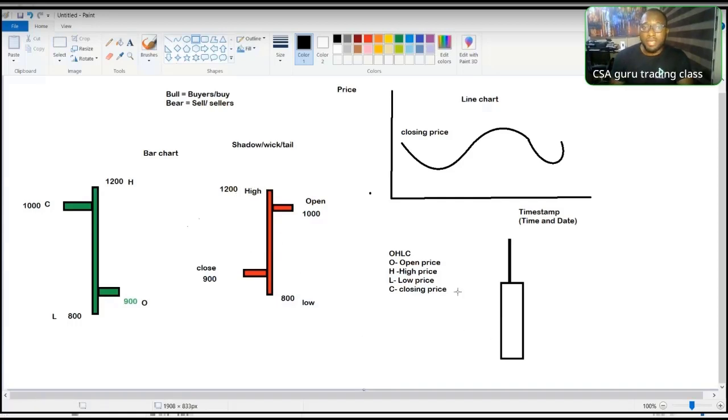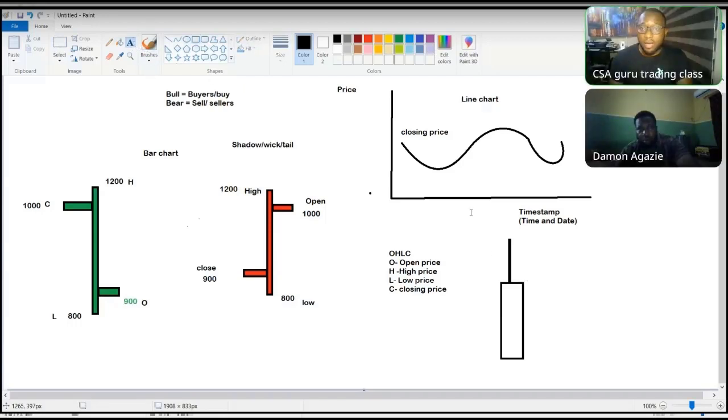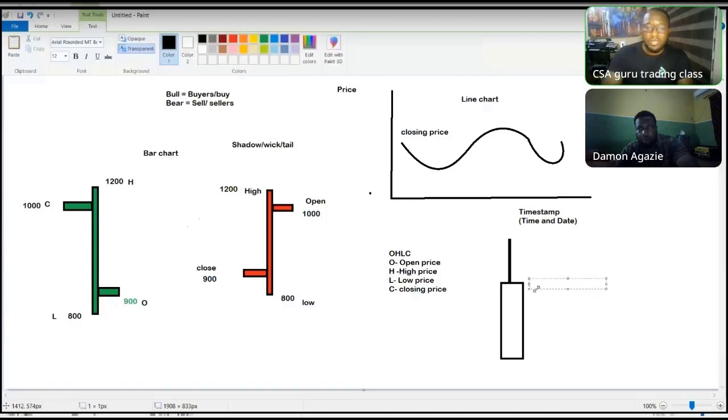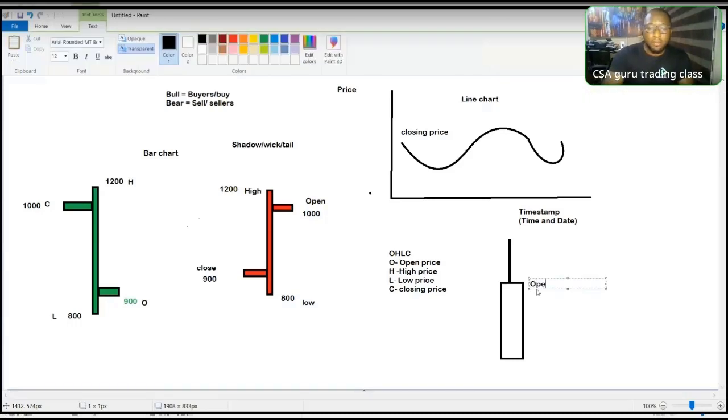So what happened here is this line shows our opening price. The price opens here at, let's say, 1,000, and the price closed here.